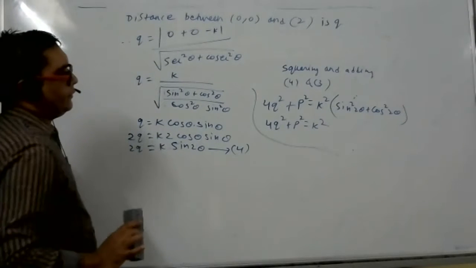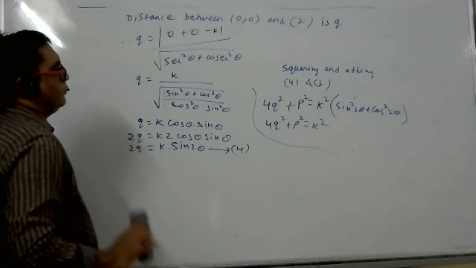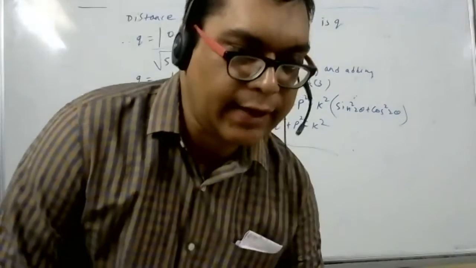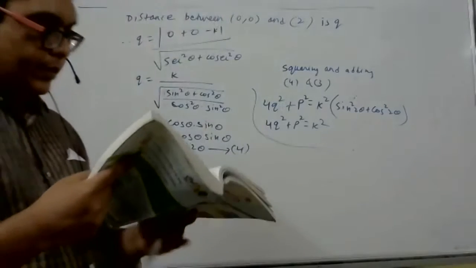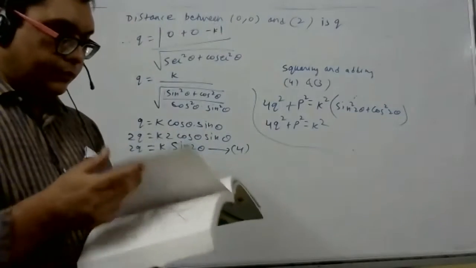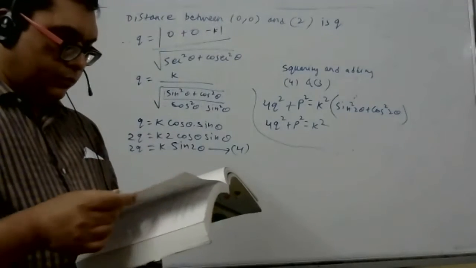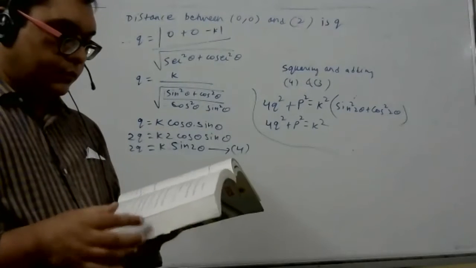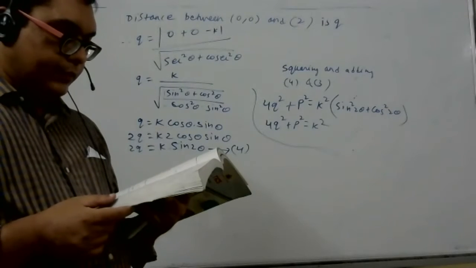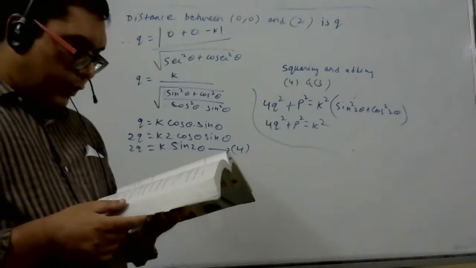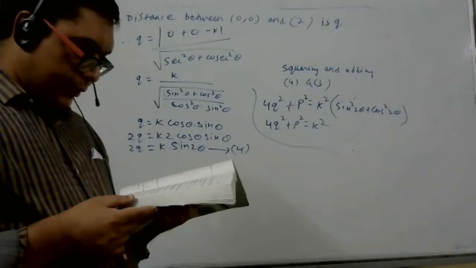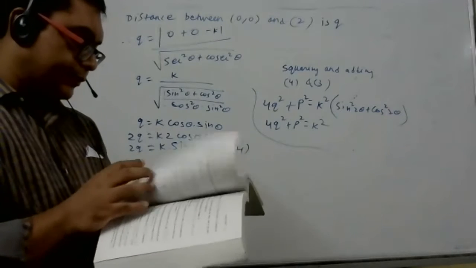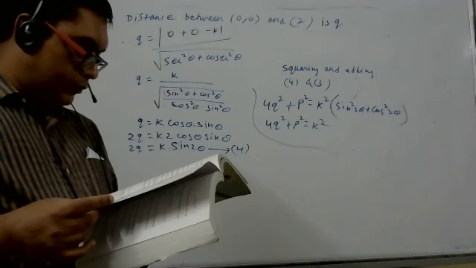Is it over? Be ready with the next doubt, student. Whoever is attending today, ask the next doubt. No next doubt? Sir, I have the next doubt, sir. Tell me. The next doubt is question number 11, sir.